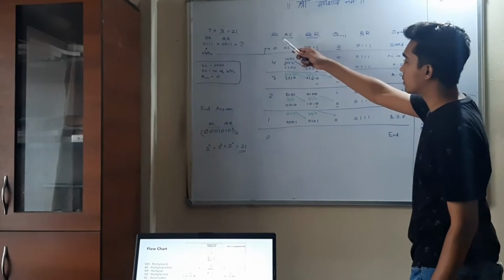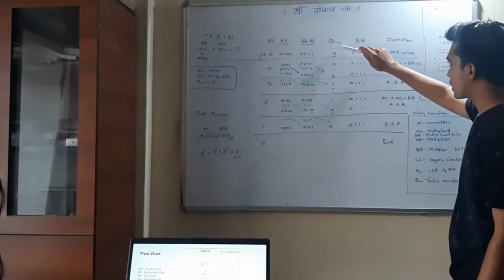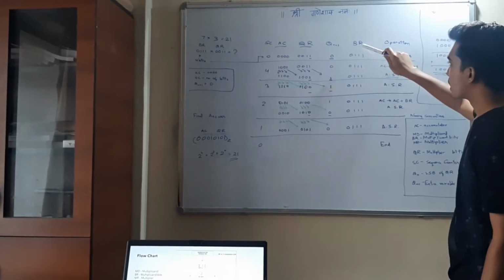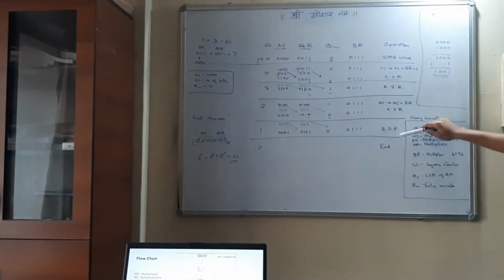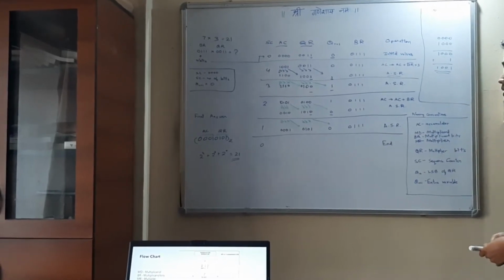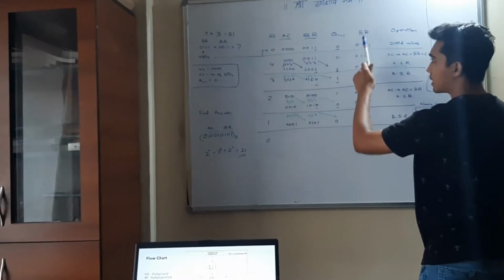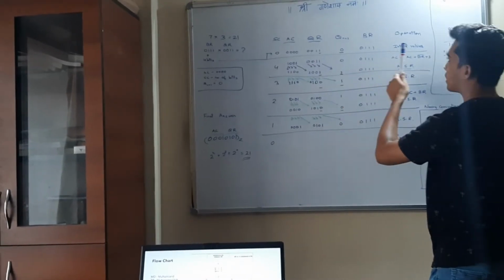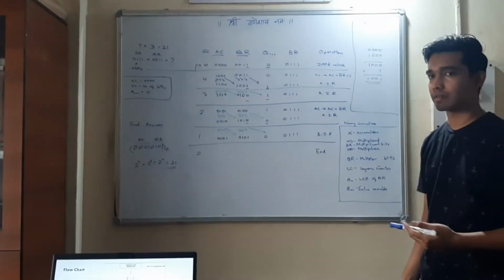It's SC in the first column, AC as the accumulator, QR the multiplier, and Qn plus 1 the extra bit. And here we have BR as the multiplicand, and the name of the operations we are doing. At first, we write down the values of each column, and for the operation, there isn't any such operation, so we are just naming it initial values.